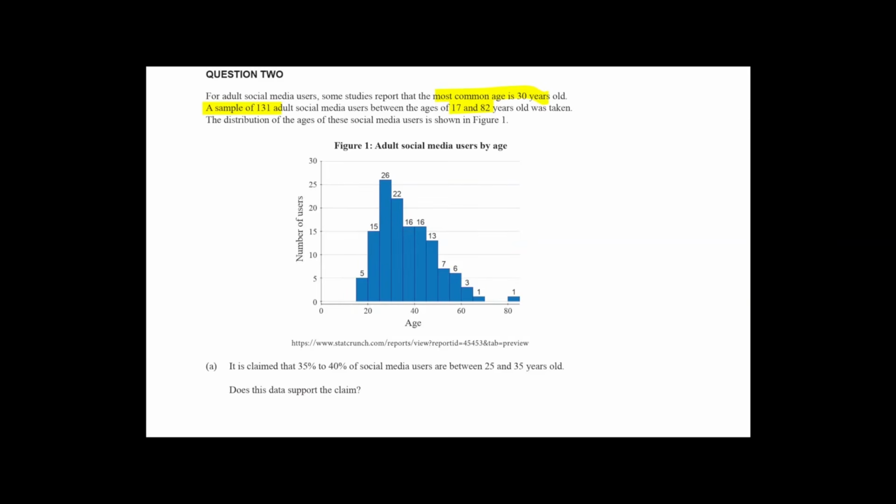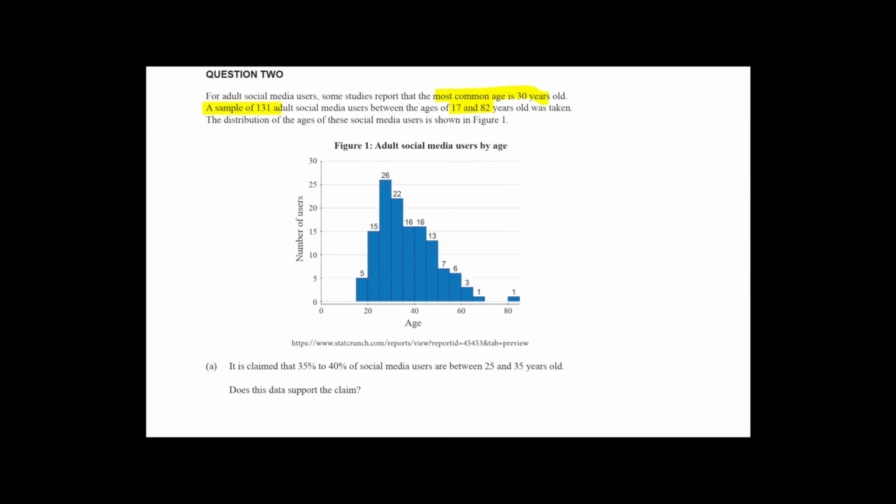It is claimed that 35 to 40% of social media users are between 25 and 35 years old. Does the data support this claim? Okay. Let's get the calculator out.